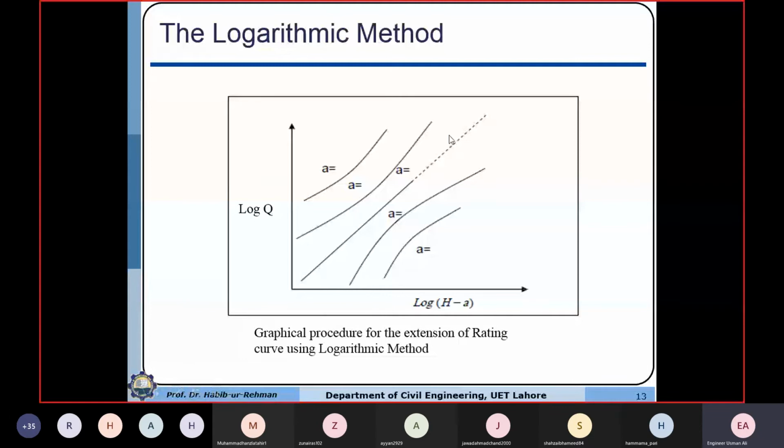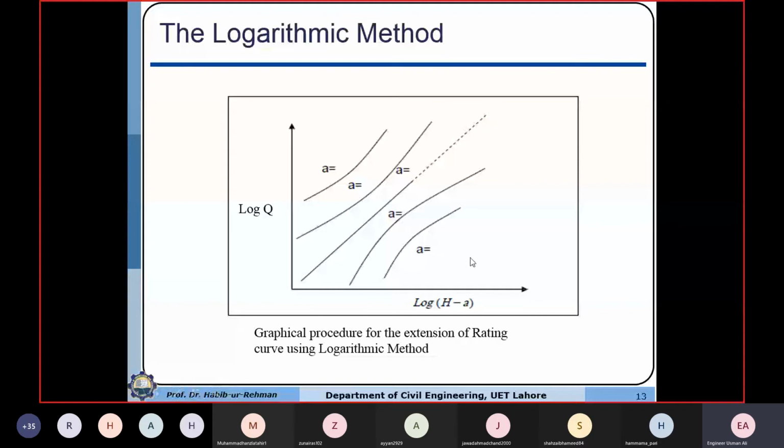That's why in the logarithmic method we are getting a straight line relationship between log of Q and log of H minus A, and then we can easily extend this straight line. You have to extend it up to the point for which you need to find the discharge.